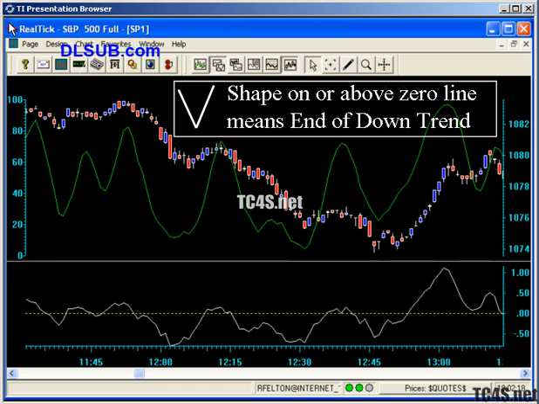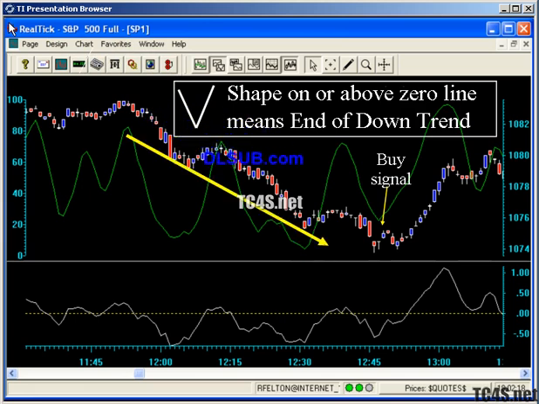This chart will show an example of how to use the end of the downtrend indication. First, we identify our buy signal, occurring at about 1248 on our chart timeline. The big yellow arrow identifies the strong downtrend going on in the market.